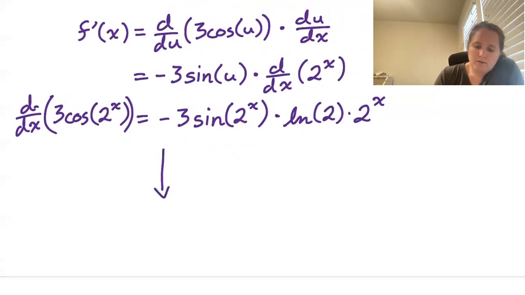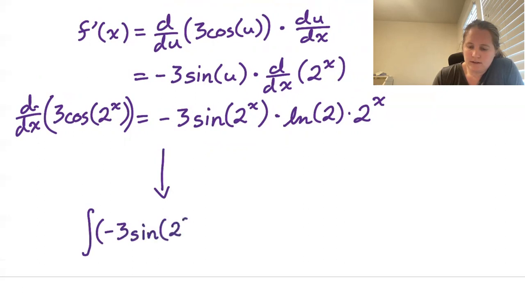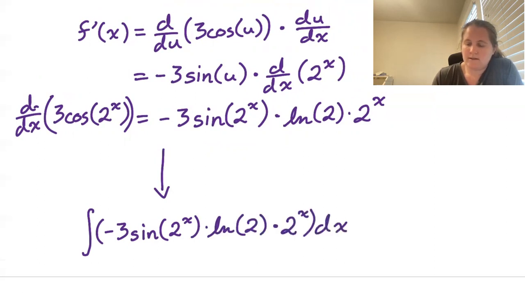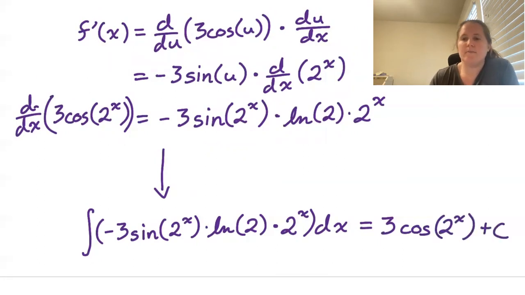So if we wanted to take the integral of -3 sine of 2 to the x times natural log of 2 times 2 to the x dx, we get back what we started with, which was 3 cosine of 2 to the x, and then plus c.